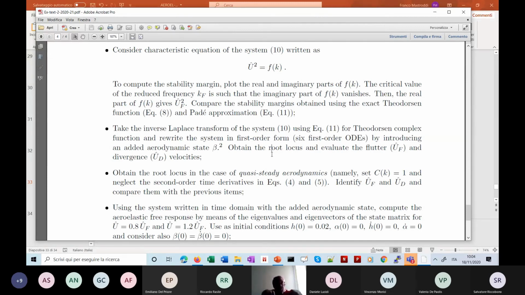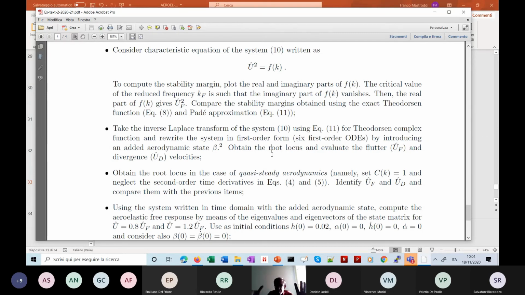But you have a new equation in beta, and the variable beta should be equal to an expression with a fraction which has a second order denominator. So a second order denominator, when you go back to the time domain, is a second order time equation, which is two equations of the first order. So 2, 2, 2, 6.